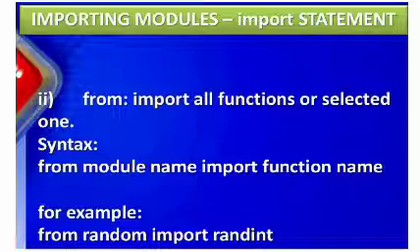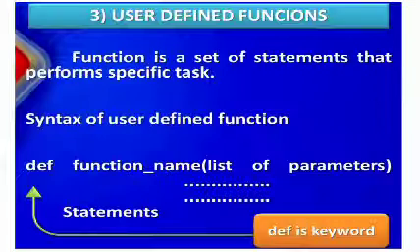From is a keyword, then a module name, import is a keyword, then the function name. For example, from random, which is a module, import randint. Randint is a function that gives a random value in a range.